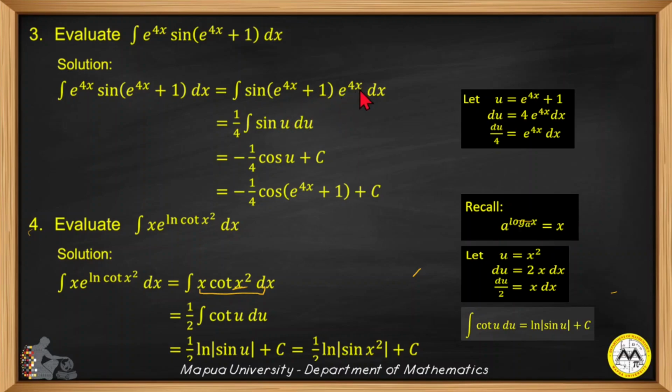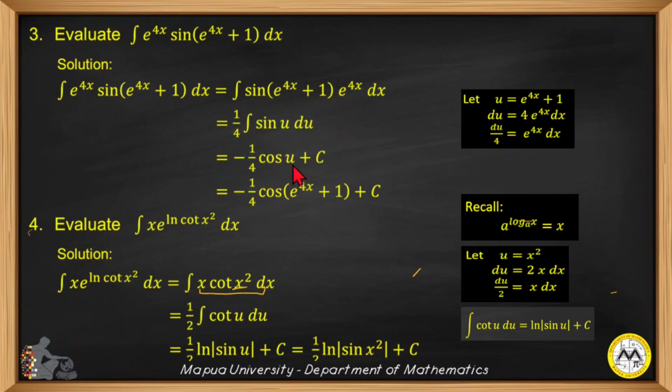And then this e to the 4x dx by 1/4 du. And then you factor out 1/4. So we have 1/4 times the integral of sine u, where u is e to the 4x plus 1, times du over 4, which is e to the 4x dx.